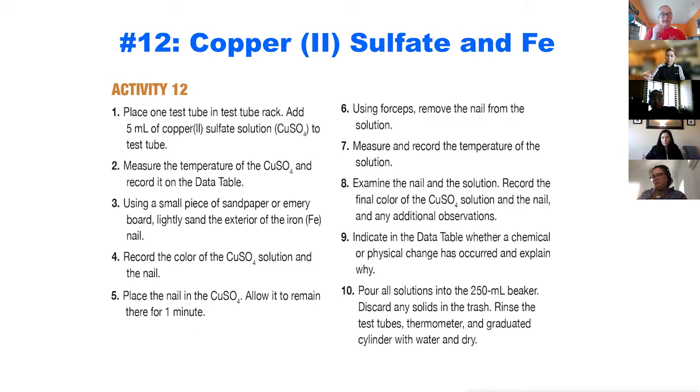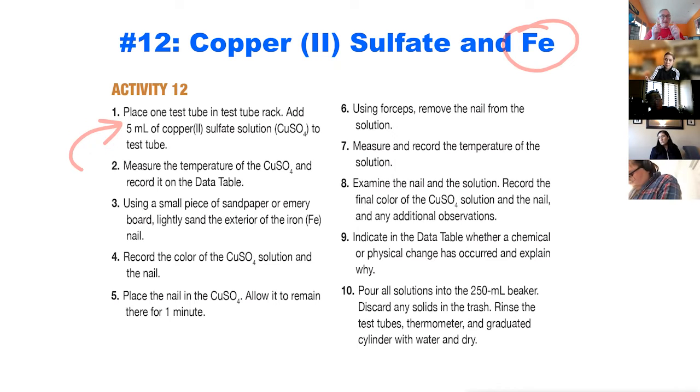And then finally, we've got copper 2 sulfate and a piece of iron. I think it's just a nail. So that's just straight up iron, no charge. We're just going to take the copper 2 sulfate, put about 5 mils in, and then put the nail in it.